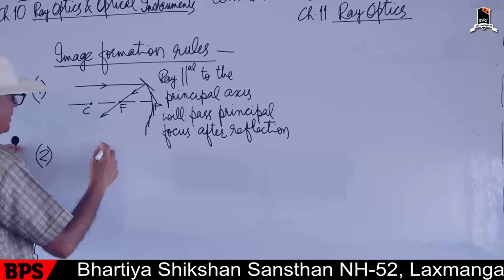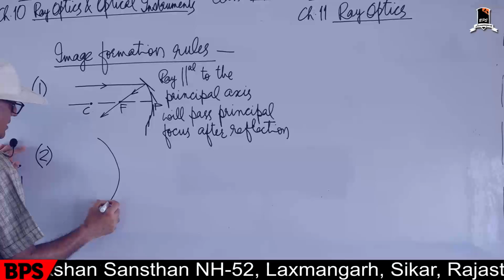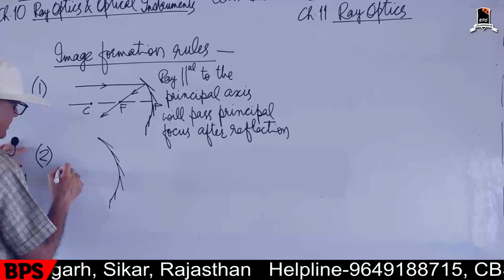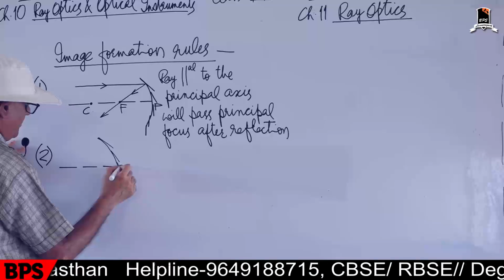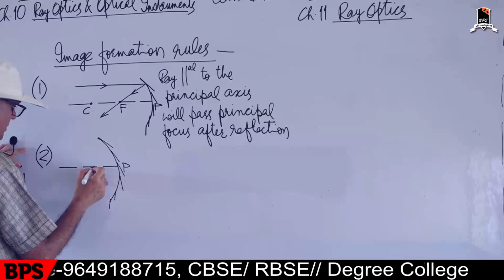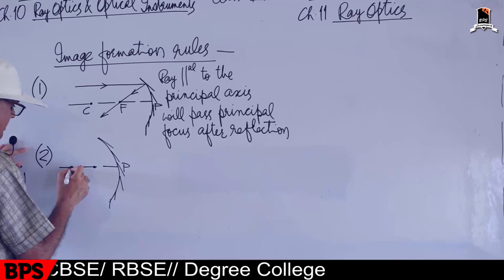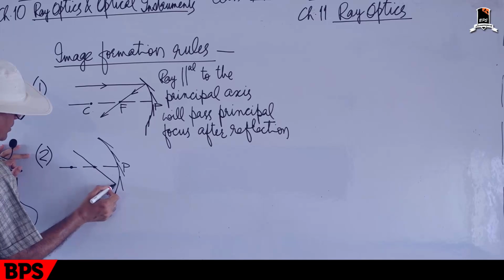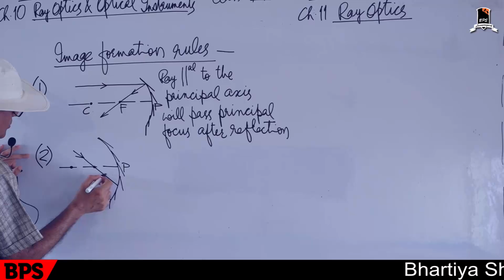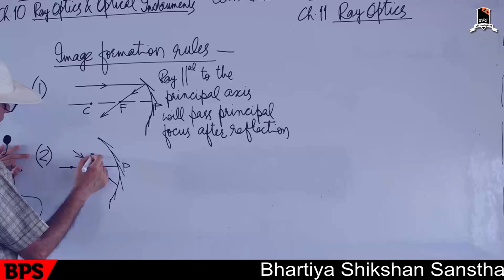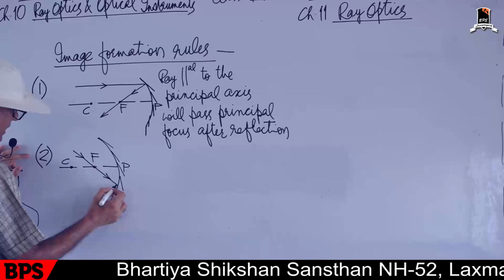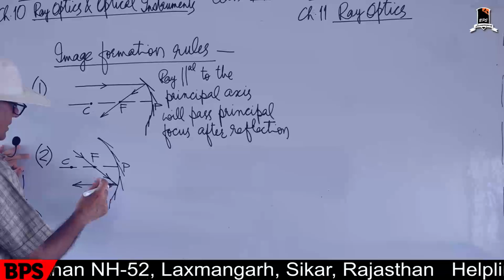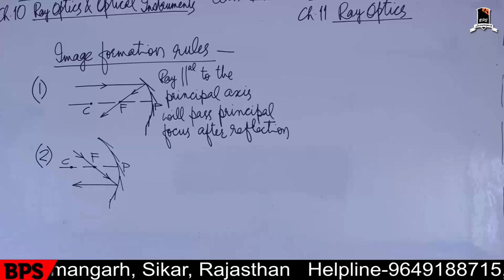Say this is the concave mirror, this is its principal axis, this is pole, this is focus, this is center of curvature, and if some ray is incident on the mirror passing through the principal focus F, then it will be parallel to the principal axis after reflection from the mirror.